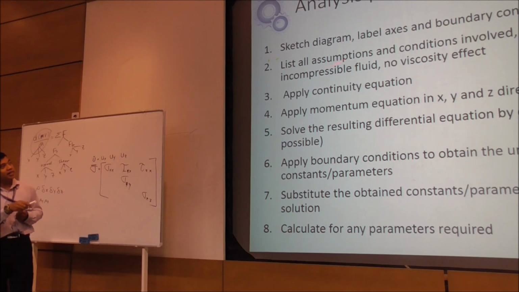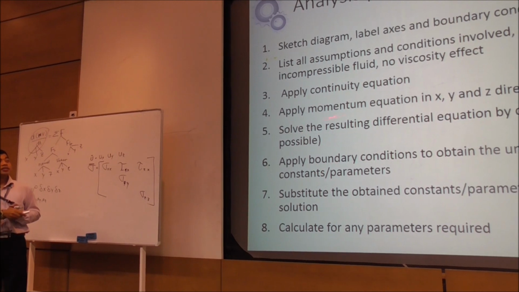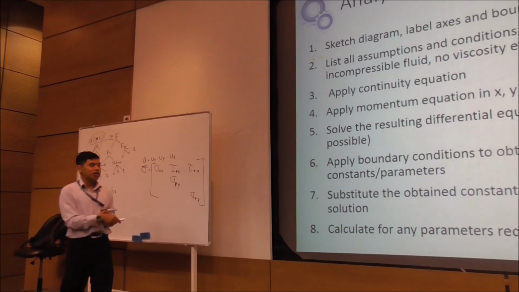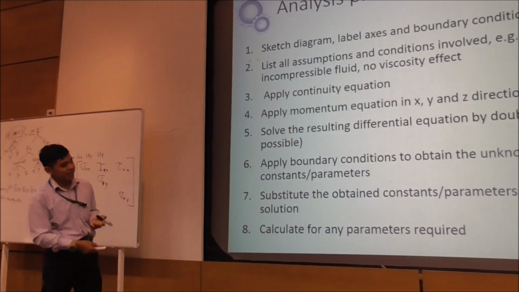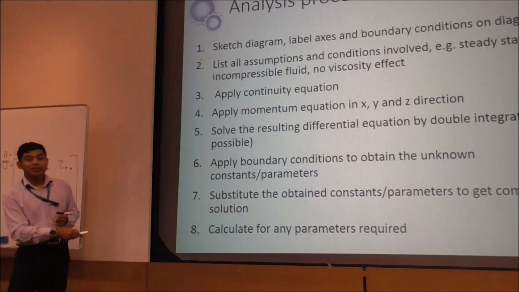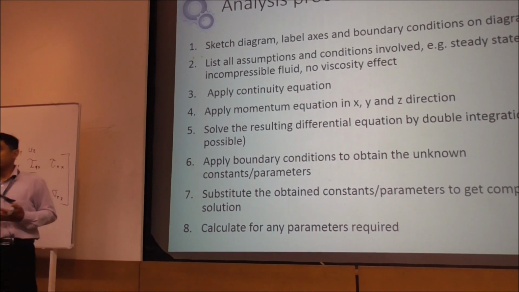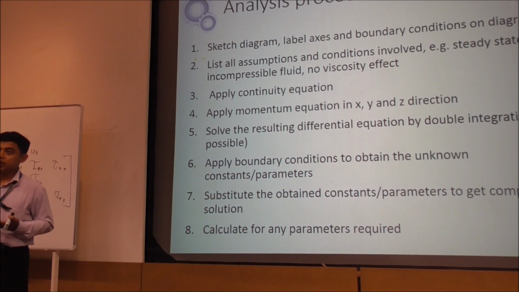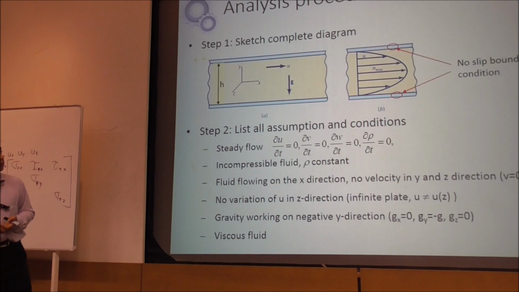So this one is very important. Apply the continuity equation, the conservation of mass. Then apply the momentum equation. Solve the resulting differential equation. Apply the boundary conditions. Then do whatever evaluation that you want to do. I will show you how to do that.